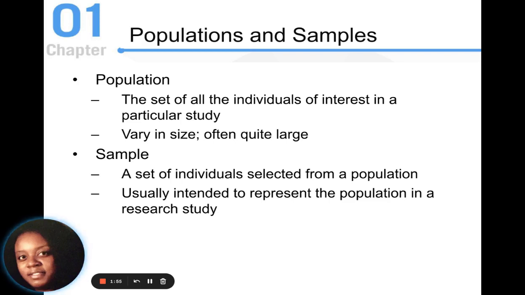For example, if we wanted to research the level of satisfaction of students at Tarrant County colleges, our population would be all of the students who attend any campus of Tarrant County College.